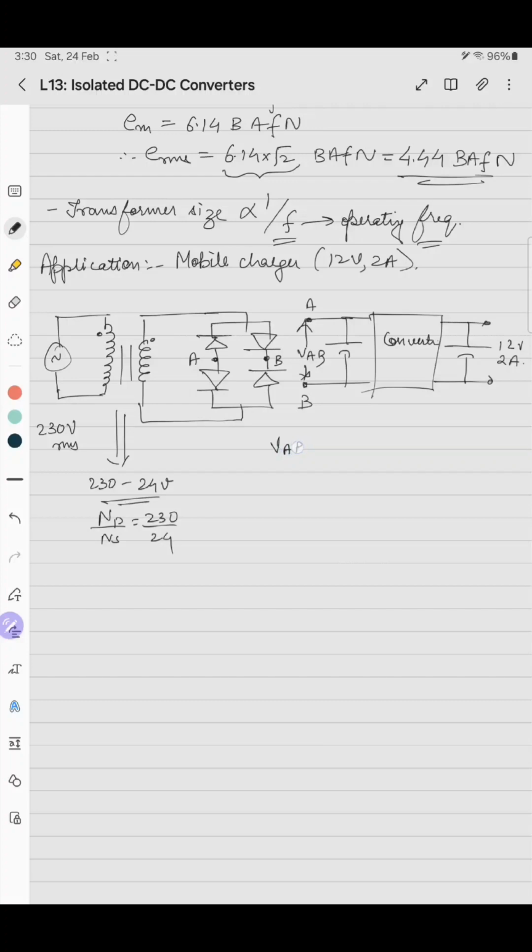VAB has a voltage of 24 into root 2, because the capacitor will charge to its peak value, into 0.85, which is the loading factor.